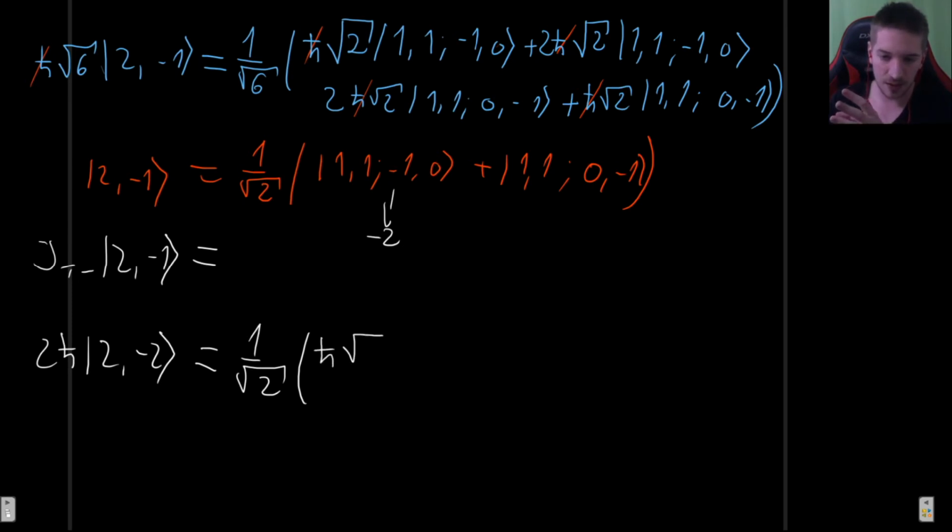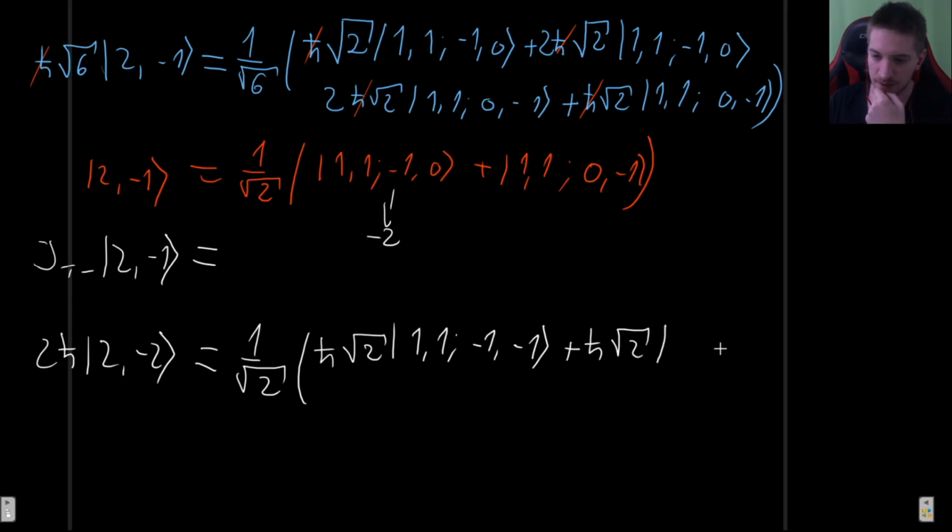So h bar square root of 2, once again, |1,1⟩|1,-1⟩. And then on the second one, only the first lowering operator will give us a non-zero result. So h bar square root of 2, |1,-1⟩|1,-1⟩.